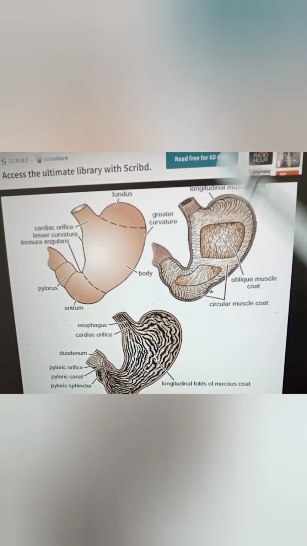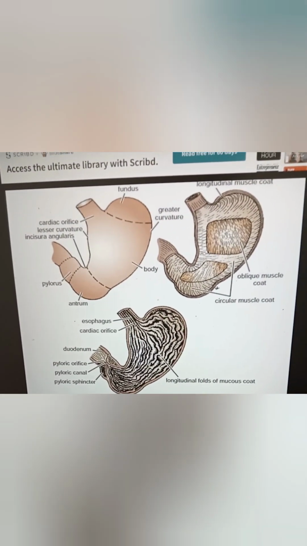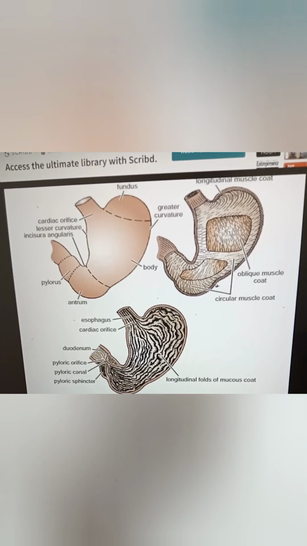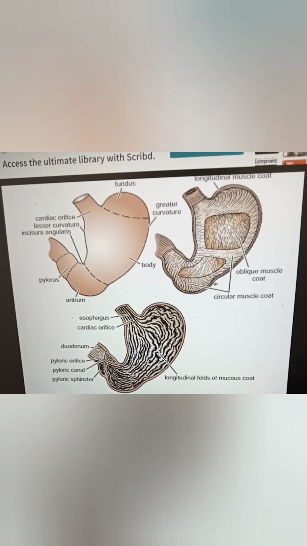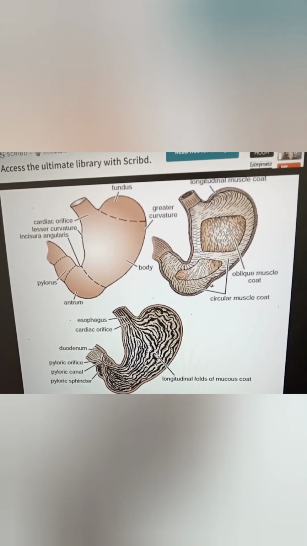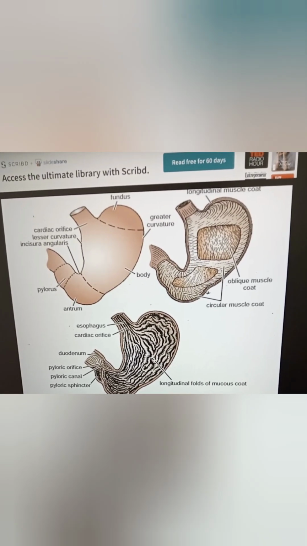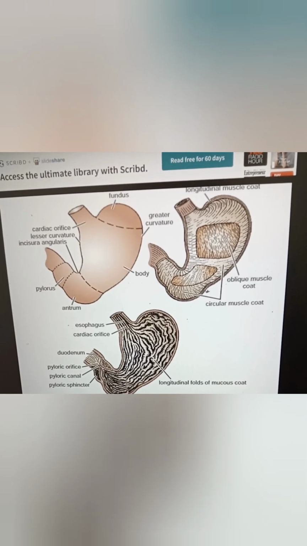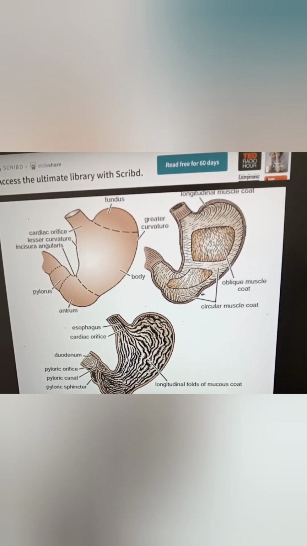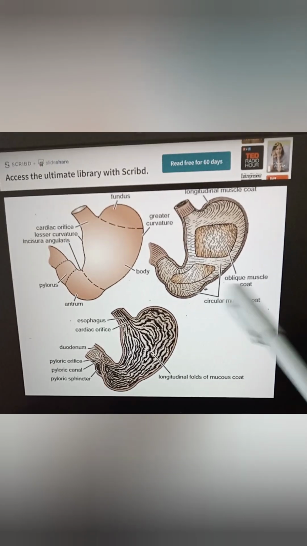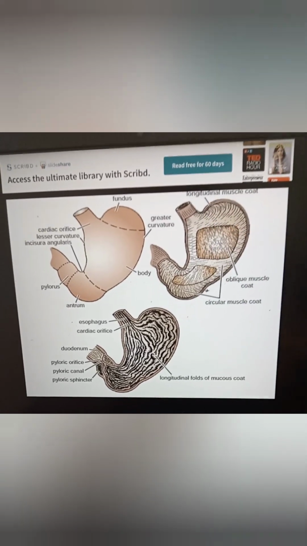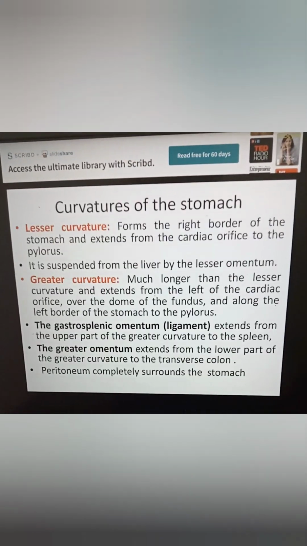Because of these different types of muscles we have peristaltic movements in the stomach, and these muscles help in mixing the food with hydrochloric acid and help expel food from the stomach to the small intestine. So there are three types: oblique muscles, circular muscles and longitudinal muscles.